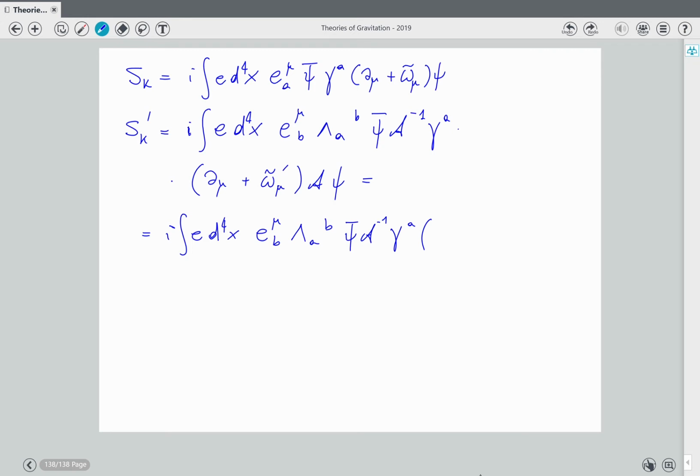So I will have two terms, partial mu curly A psi plus A partial mu psi. And the rest I copy, psi.